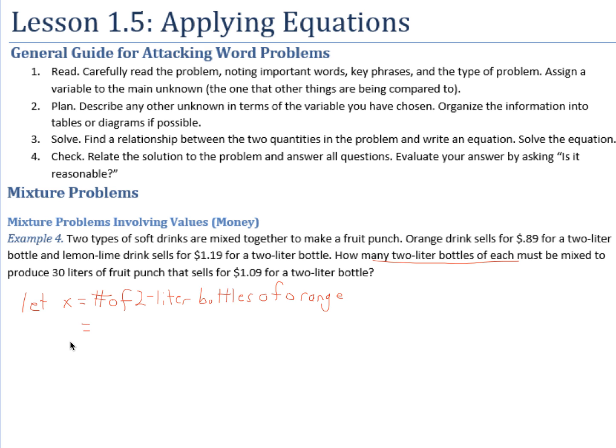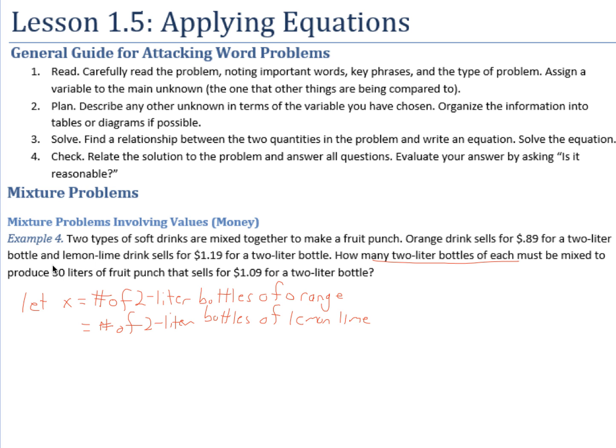What are we going to do for the lemon lime? So we have the number of 2 liters. And this is tricky, so think through it. Well, we want a total of 30 liters, so we can take our total and subtract the number of 2-liter bottles of orange.